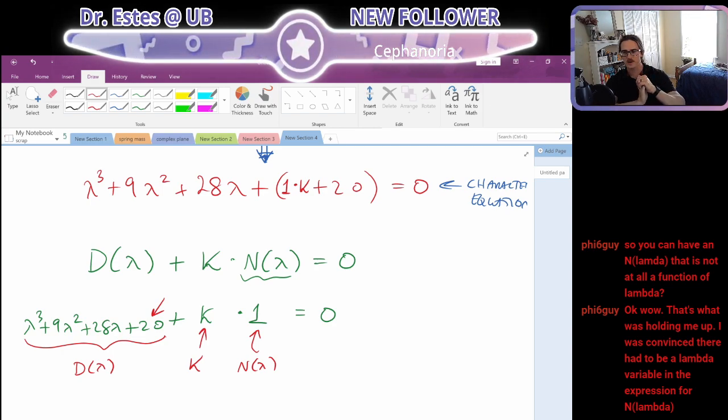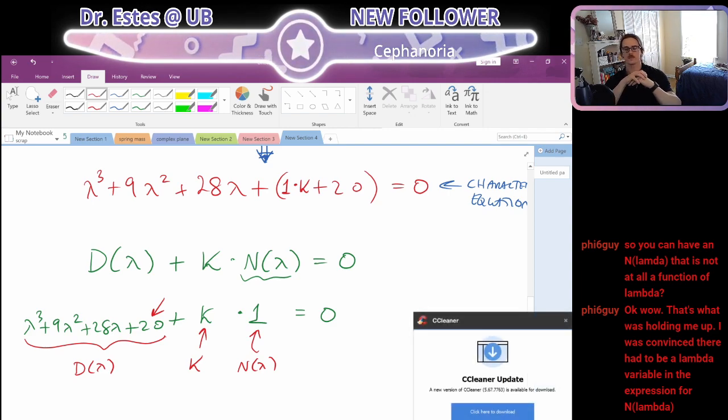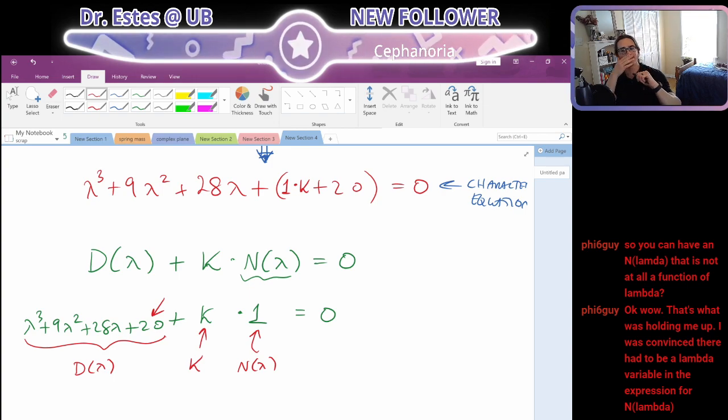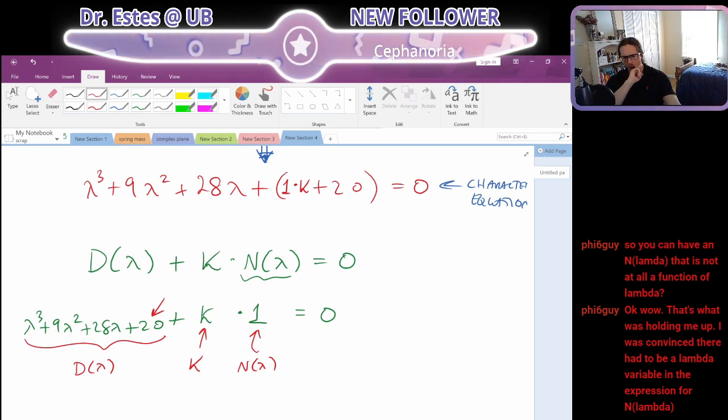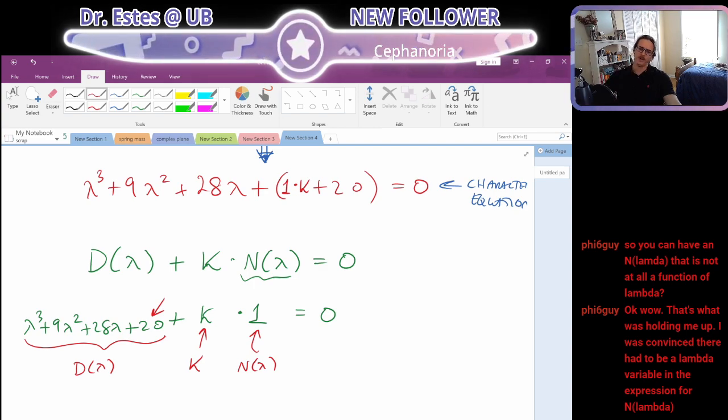I was convinced there had to be a lambda expression in the variable. No, you don't need that.